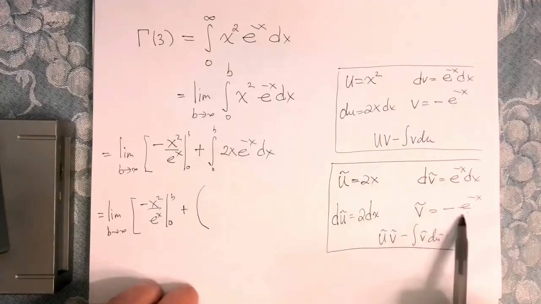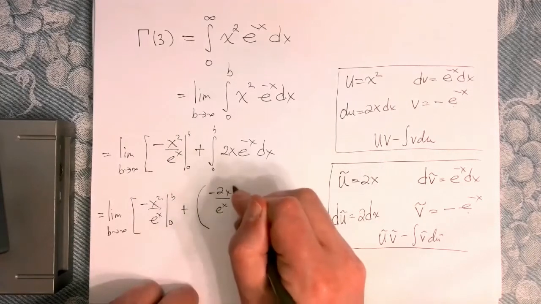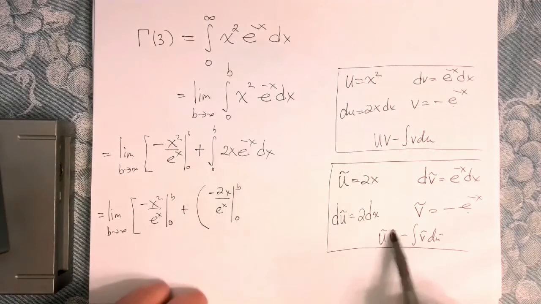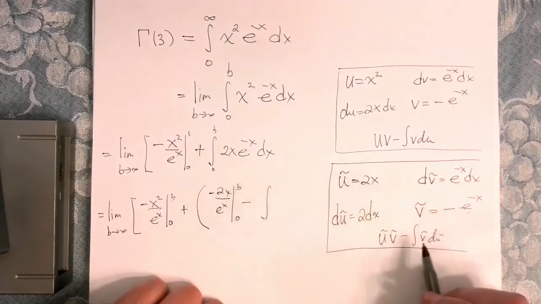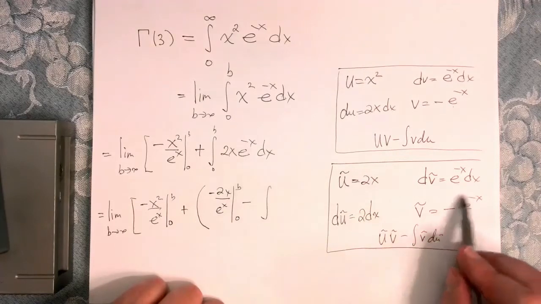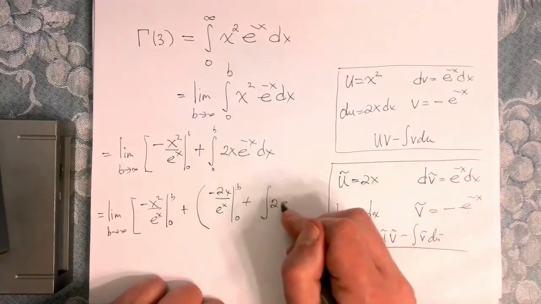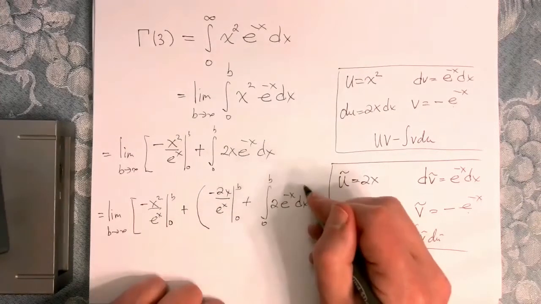So this product right here. And I'm going to write that as minus 2x over e to the x, if you don't mind. That's from 0 to b. So that's u times v, that's this portion right here, minus the integral of v tilde du tilde, so this product right here. So that'll be plus 2e to the minus x dx, and don't forget your balance.